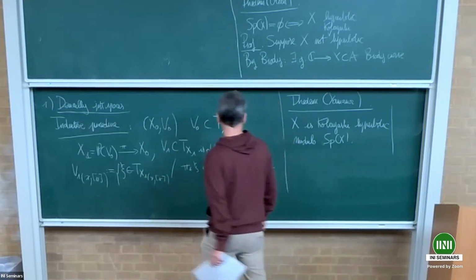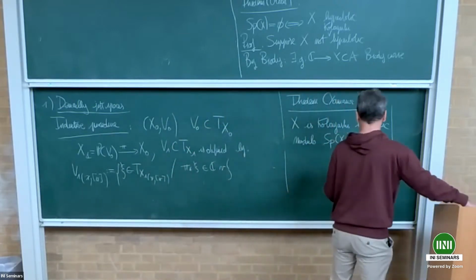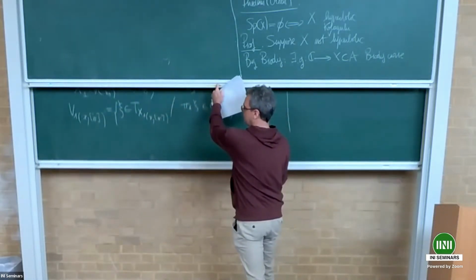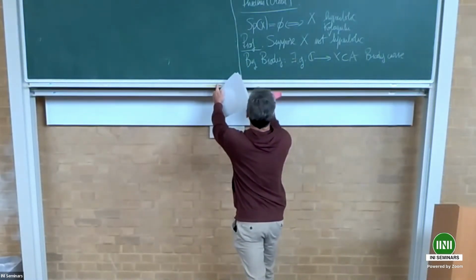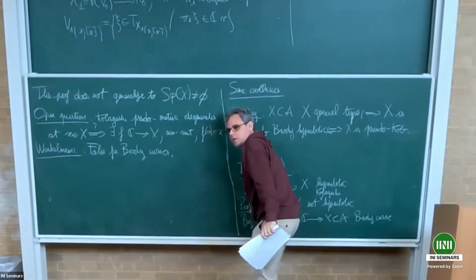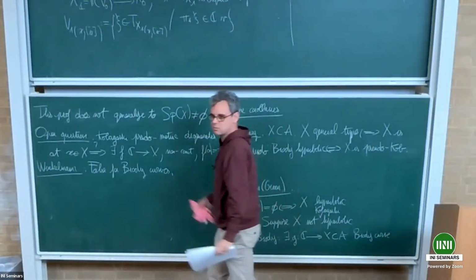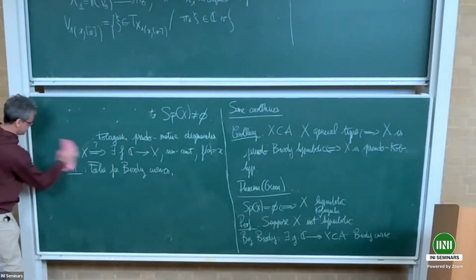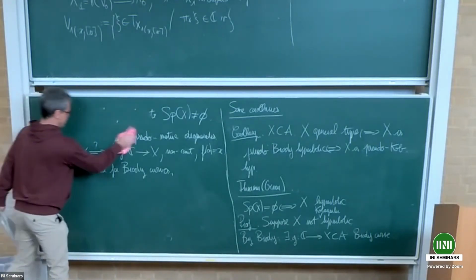Okay, so there are many ways to see this. Benoit explained to us an algebraic way to see this as a Proj of sections. This is another way to see that.